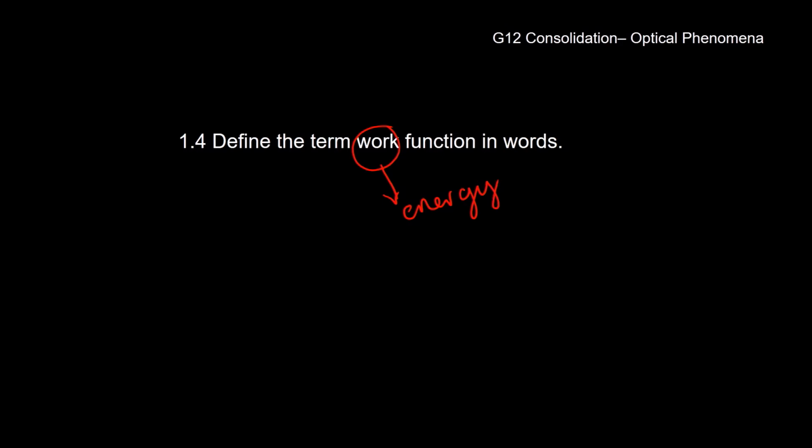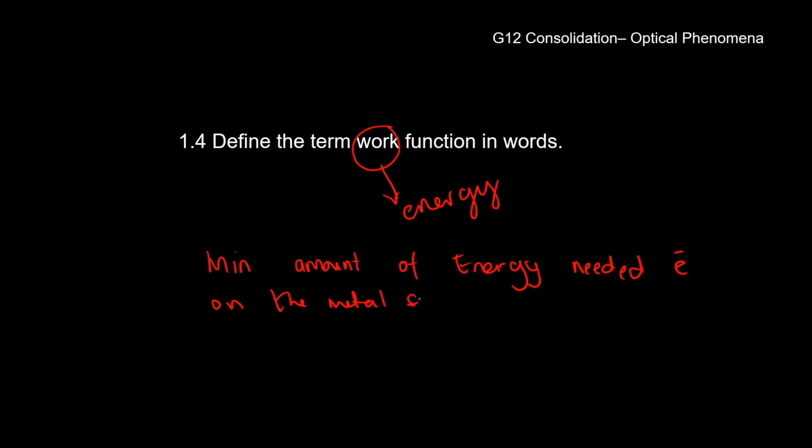So in terms of electrons, it will be the minimum amount of energy needed by the electrons, so energy required or needed by the electron on the metal surface, to be ejected or emitted.